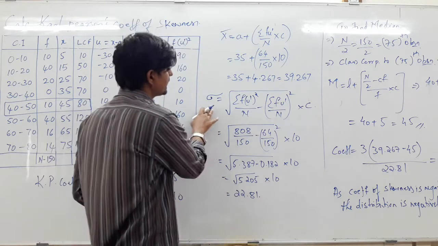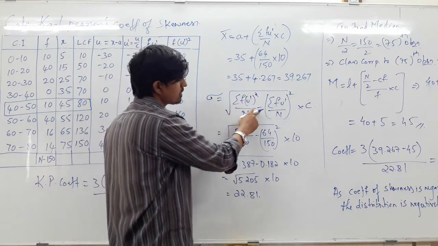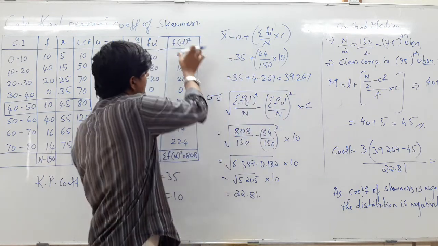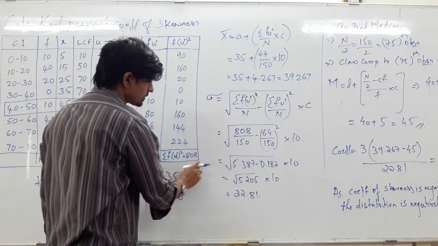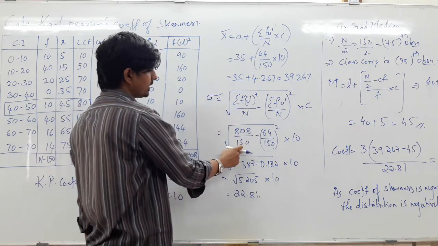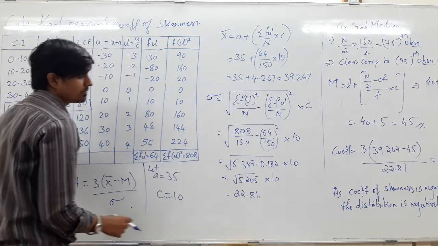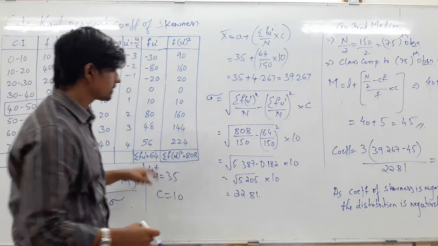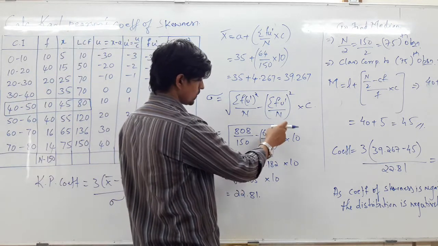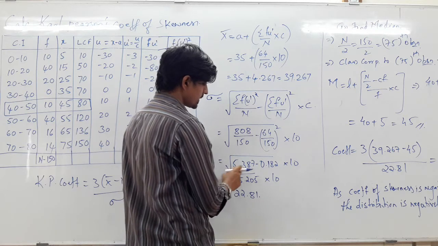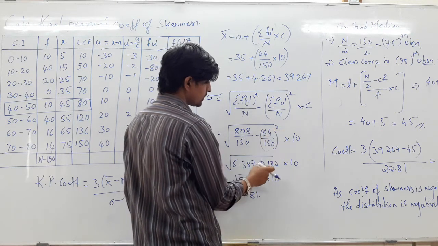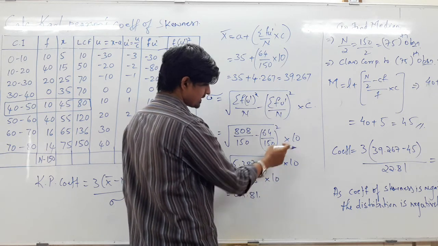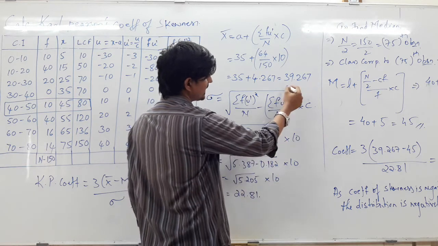Next is standard deviation: root of summation f u dash whole square by n minus summation f u dash by n whole square, into c. The f u dash whole square column answer is 808, divided by n, which is 150, minus 64 divided by 150 whole square. So 808 divided by 150 is 5.387, and 64 divided by 150 whole square is 0.182.